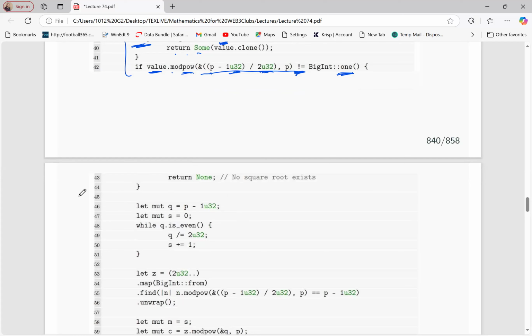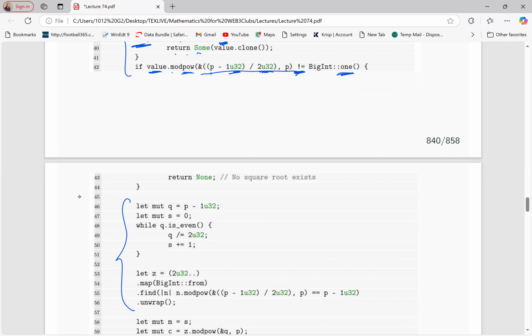And this is how we then perform the square root. So that is how the code will then be performing the square root.